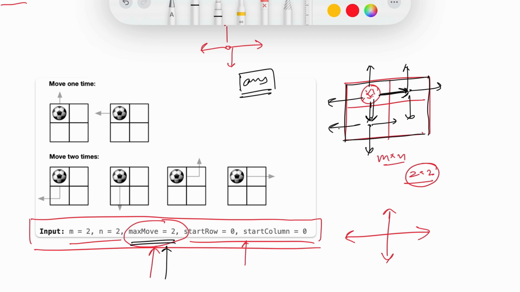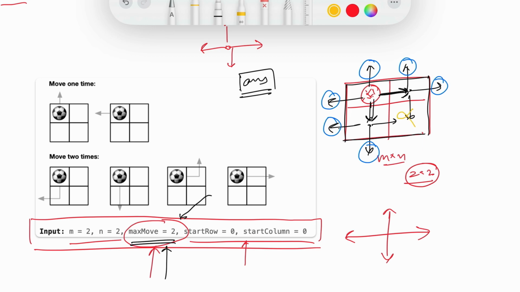So we only have to capture the paths where it takes at most max move steps and goes out of boundary. Here, these paths are making the ball go out of boundary, and these steps are not.